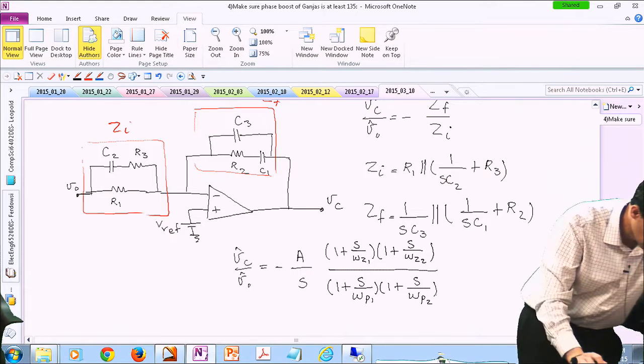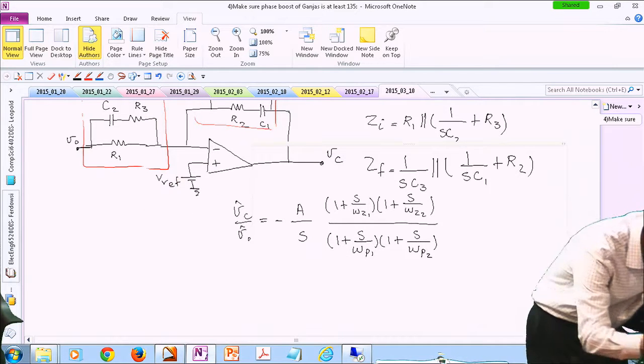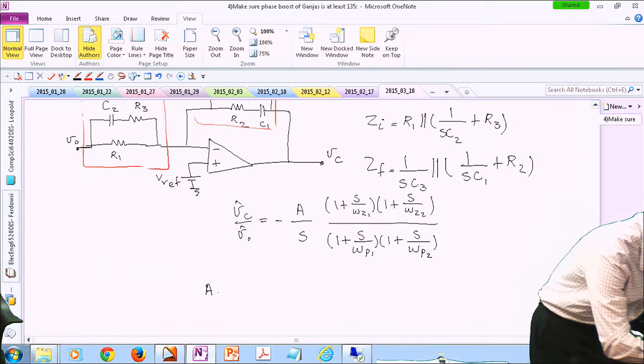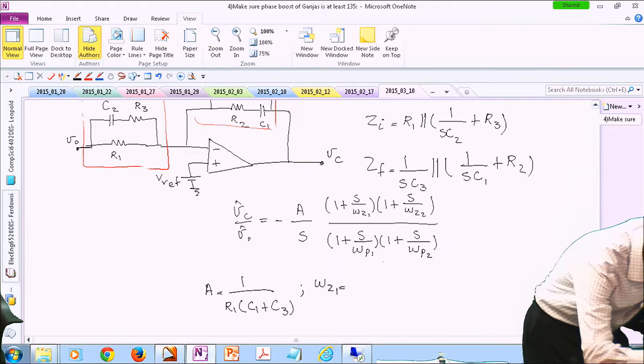Okay. Now, once you do a one-on-one comparison, A turns out to be 1, which is like a DC gain, R1 times C1 plus C3. Omega Z1 is determined by R2 and C1.